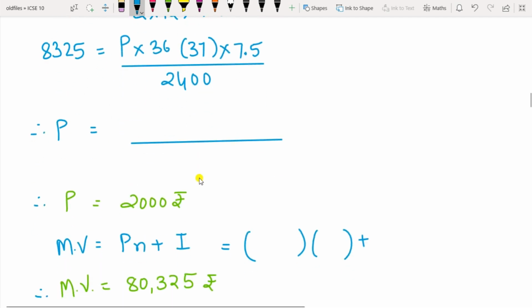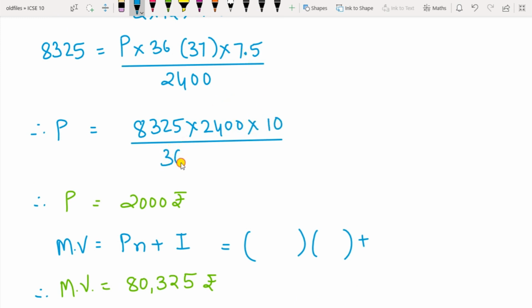Now you have to find P, so take all the values on the other side, so it will be 8325 into 2400 into 10, for the decimal of 7.5, upon 36 into 37 into 75. On doing the cancellation, you get the amount deposited per month, that is P, as 2000 rupees.